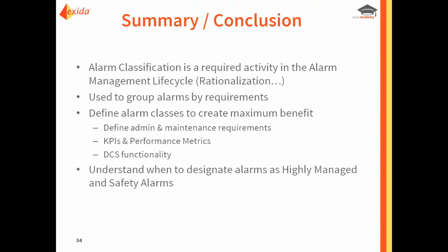It is part of the rationalization process. It is required to be done, and the information is required to be documented in your master alarm database. It is used as a way to group alarms that have a common set of requirements, as we said. So alarms that need to be tested very frequently or that the operator needs to be trained on every year.